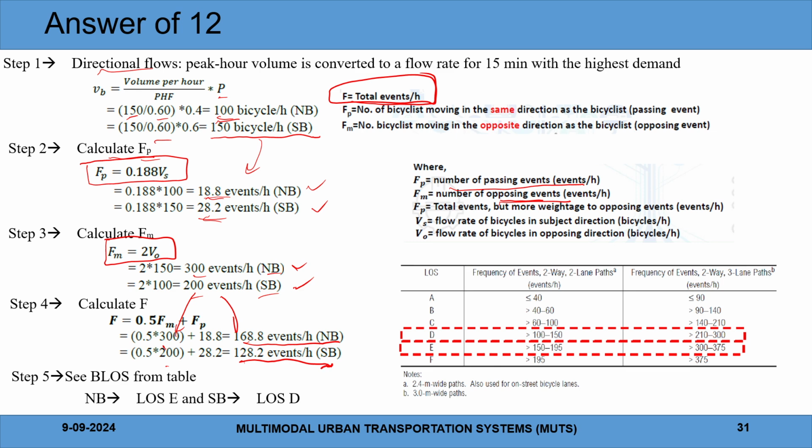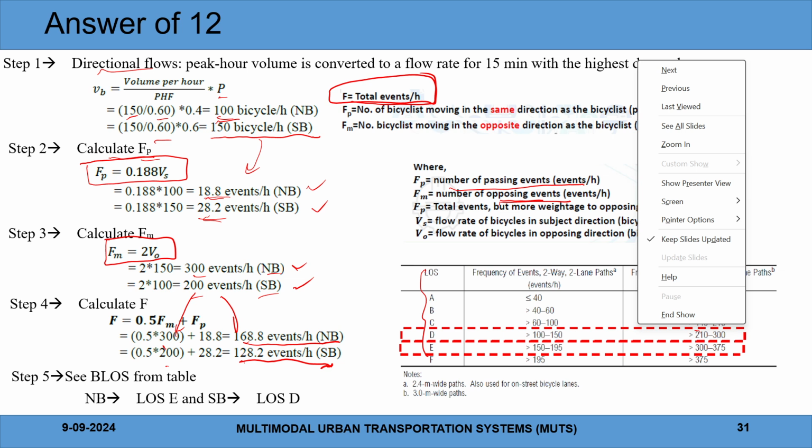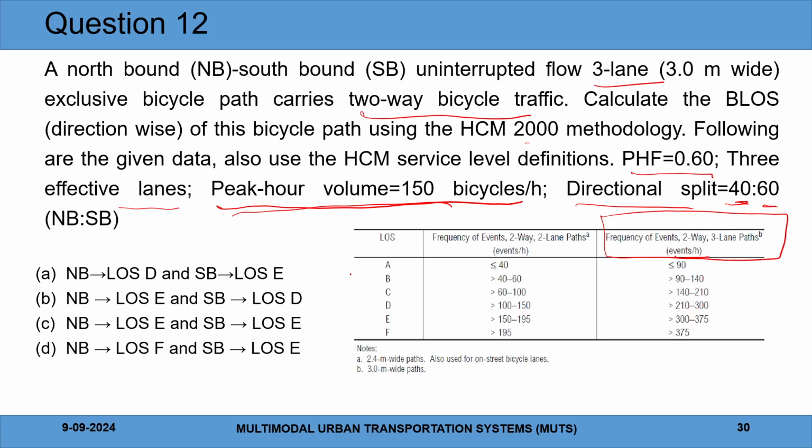In the northbound case, I think this table is given incorrectly. For northbound it is between 140 to 210. Just a minute, I think it is given as 3 meter wide, 3 lane, two-way.